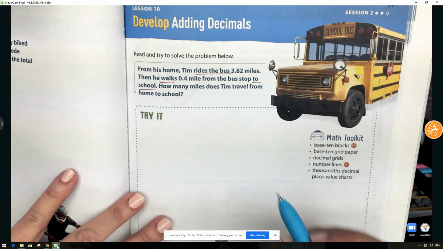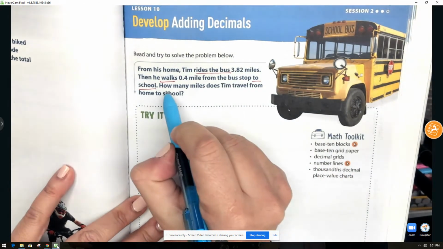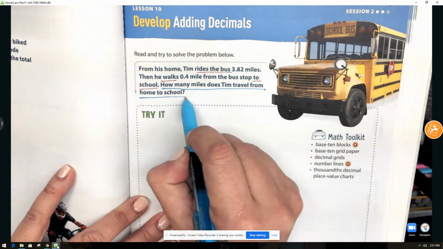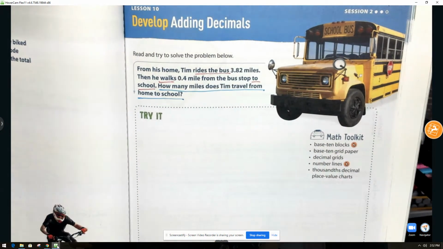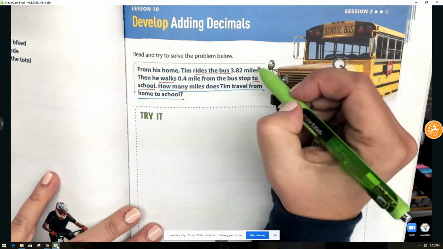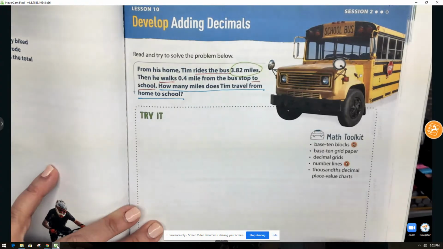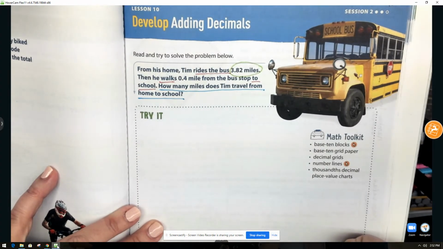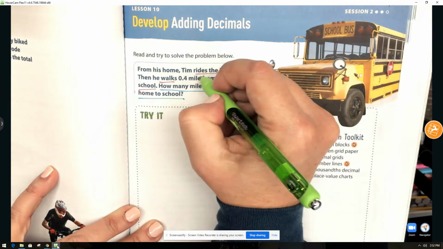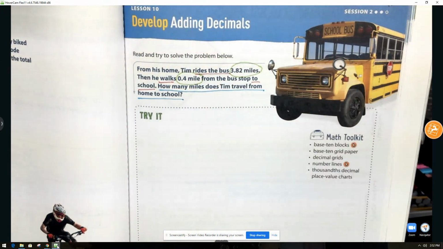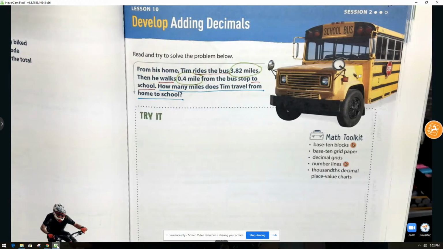What is the problem that we need to find a solution for? So we need to find out how many miles Tim travels from home to school. So we know the important information is that he rides the bus 3 82/100 miles, and he walks 4/10 of a mile. So we need to figure out how much he does all together.